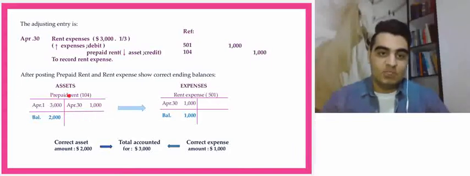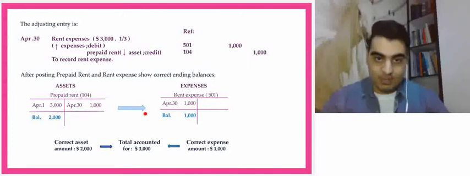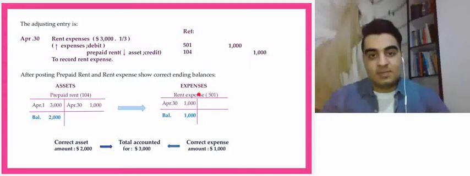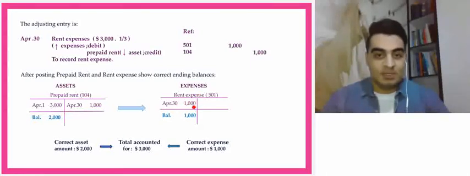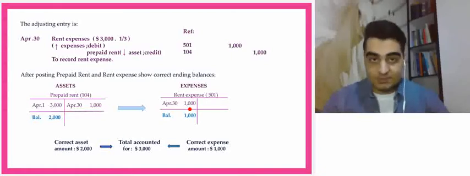For assets, which is prepaid rent, on April 1st we paid 3,000, and then we subtracted 1,000 because of our adjusting entry, and the balance amount will be 2,000 for 2 months. As for expenses, which is rent expense, the adjusting entry was 1,000. It was debited because expenses should be debited if they increase.